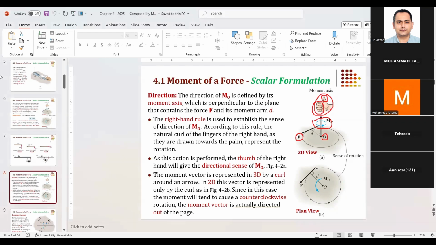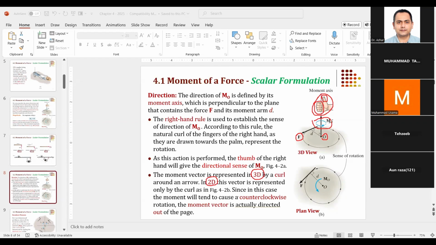This right hand rule is mostly used to specify the direction or sense of moment when we are solving a 3D system. When we are dealing with a 2D system, and we shall be mostly dealing with 2D systems, we shall only specify the direction using clockwise or counterclockwise.